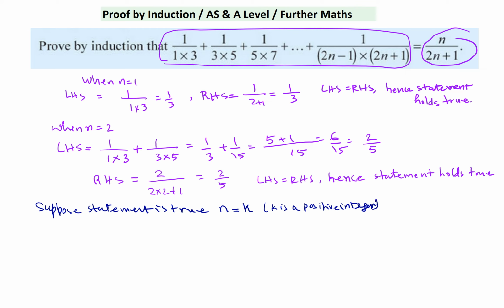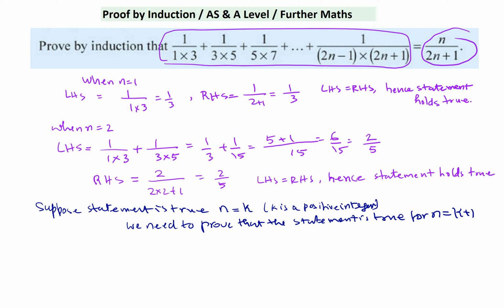So suppose statement is true for n equals k. Then we need to prove that the statement is true for n equals k plus 1. So if we can do that, that means the proof holds.